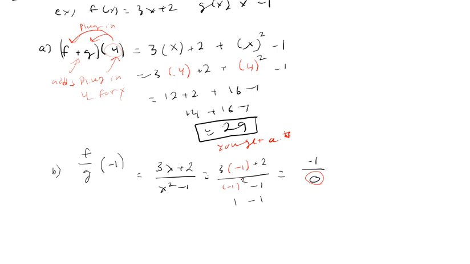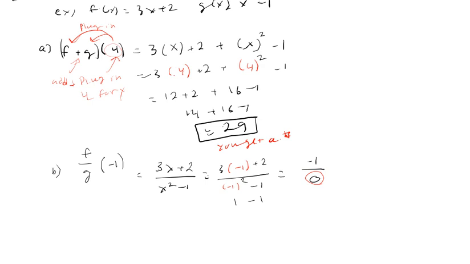Plug it in a calculator. If you try plugging negative 1 divided by 0 in the calculator to get a number, the answer will be an error. And the reason why is we're not allowed to divide by 0. And so what do we write? If we get an answer with a 0 on the bottom, how do we explain that answer? We're going to say this is undefined.